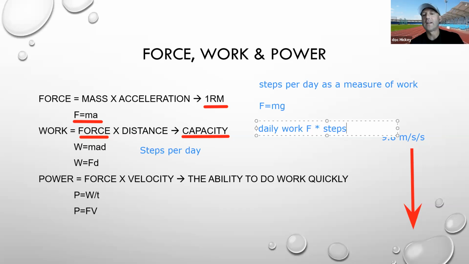If we wanted to get really technical about it, we would say steps times 1 meter, because the typical human stride is about 1 meter, about 1 yard, 3 feet. So this is how, if we were a personal trainer, we could use steps as a measure of work. The science behind it.